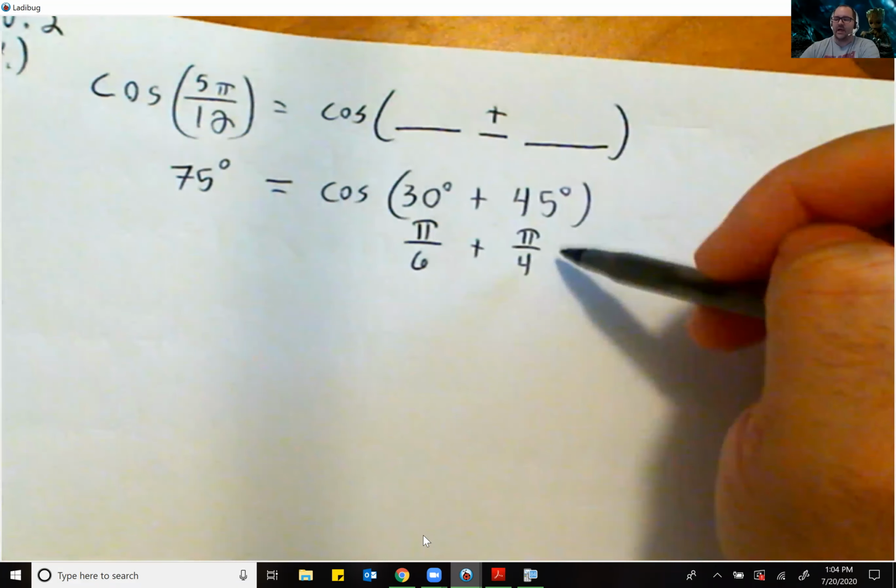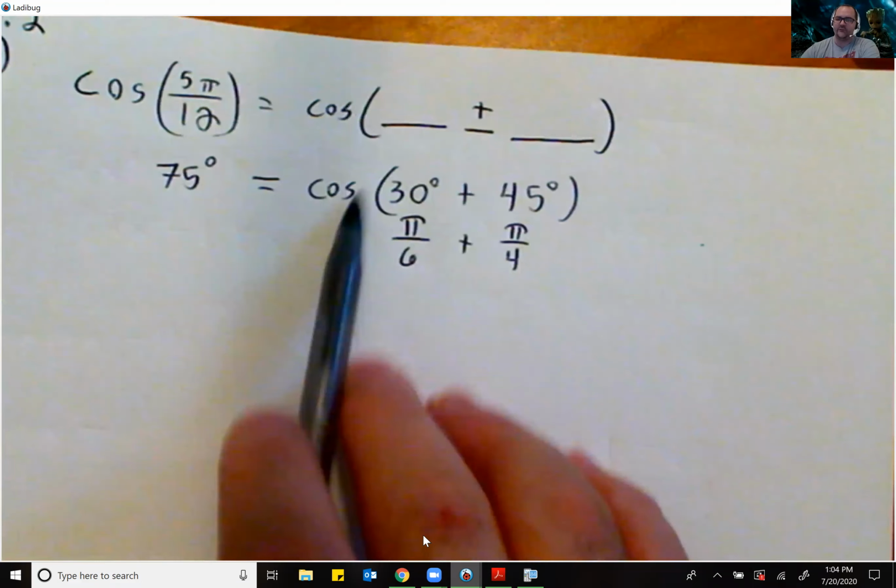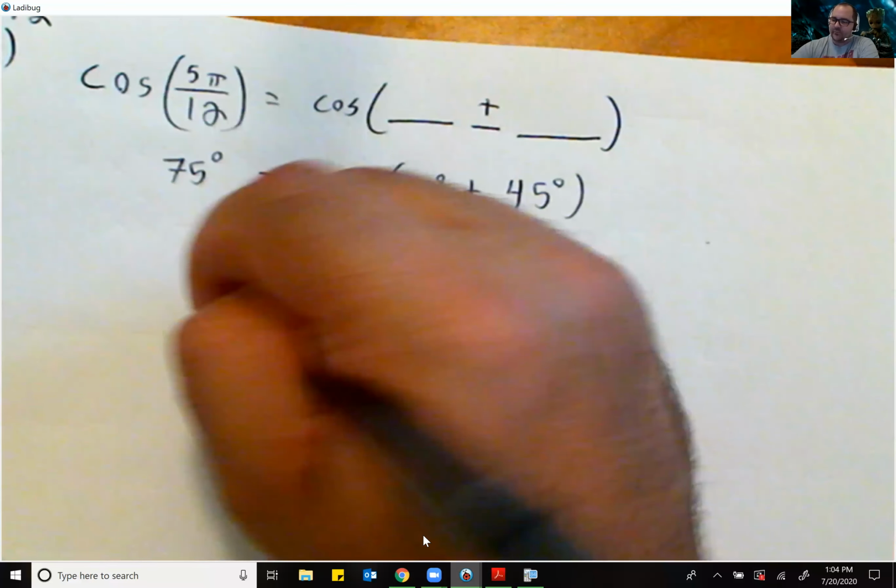So all I have to do is apply the cosine sum formula. And the cosine sum formula looks like this.